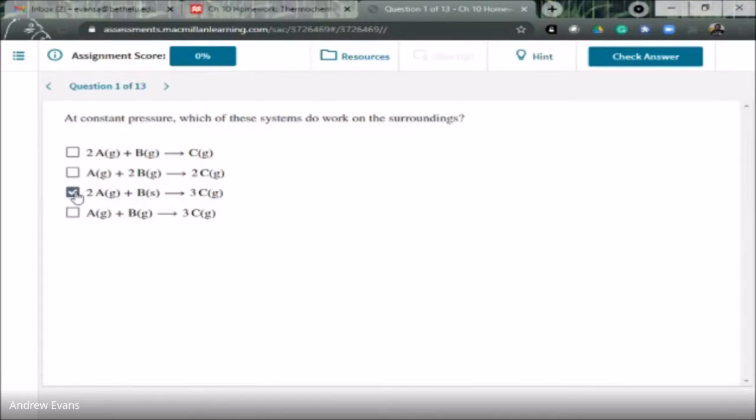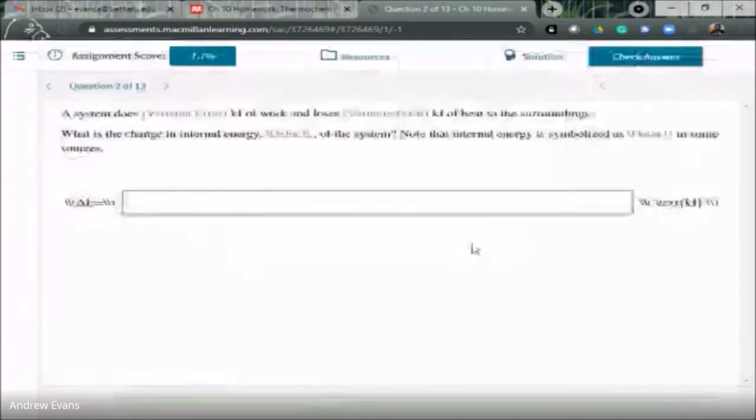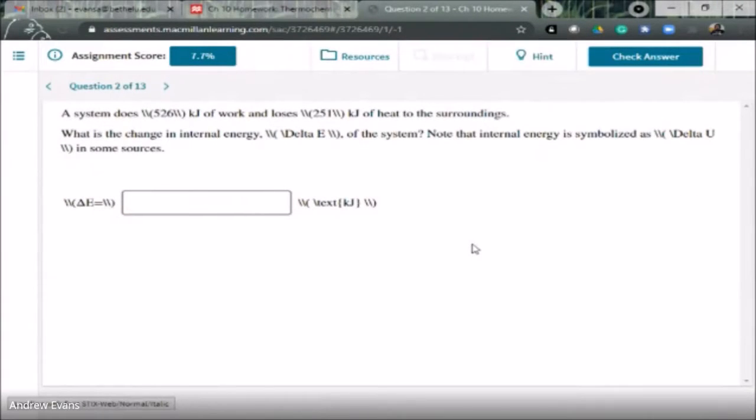An increase in gases means an increase in volume, and thus an increase in work. 2 moles of gas goes to 3 moles of gas. Once again, an increase. Your scenarios may be completely different, so take a look at your own numbers. Don't just click the bottom 2.